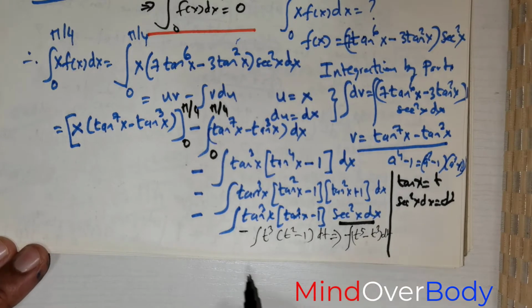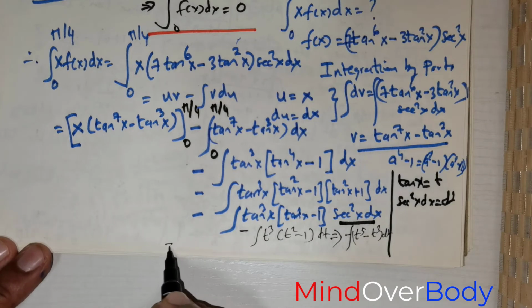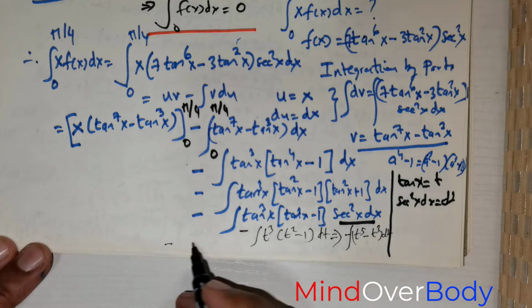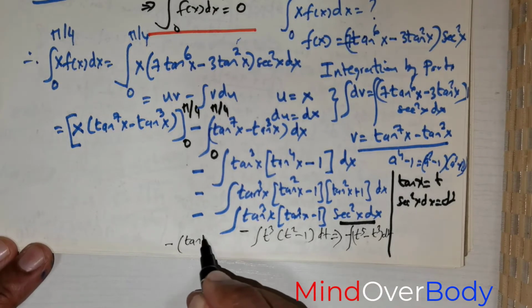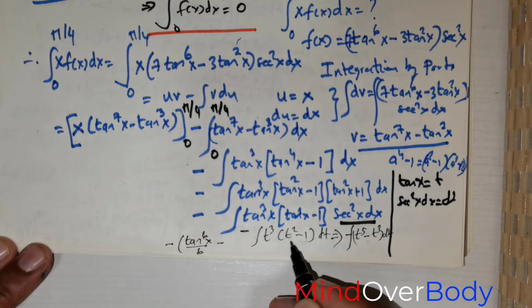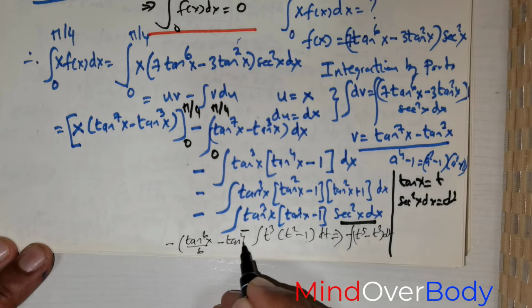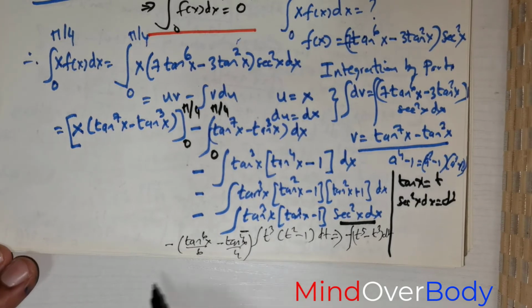If you integrate this, this would give me negative of t^6 over 6 minus t^4 over 4. So I'm reverting it back to tan: tan^6 x over 6 minus tan^4 x over 4. So this is what I've got.